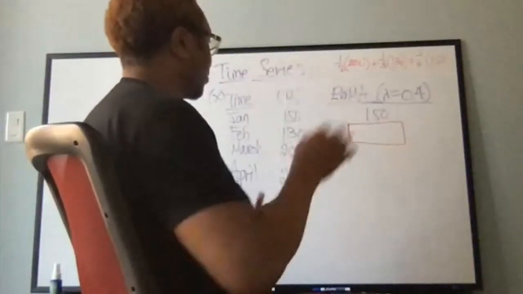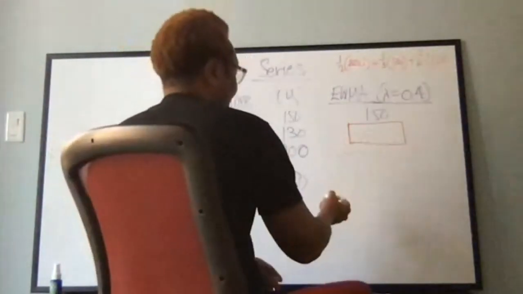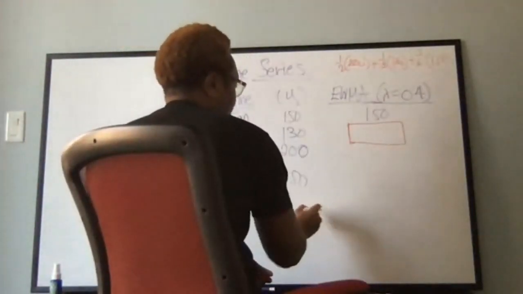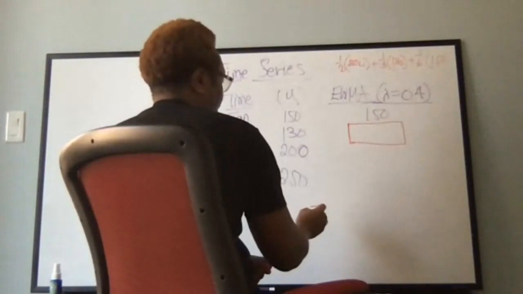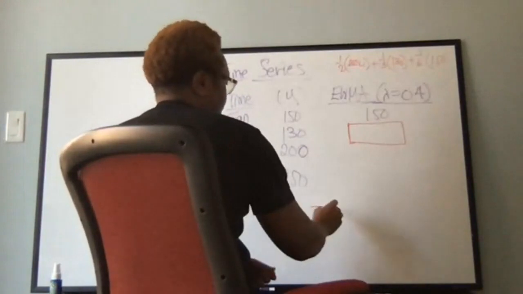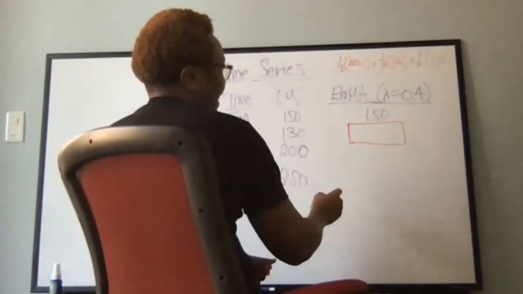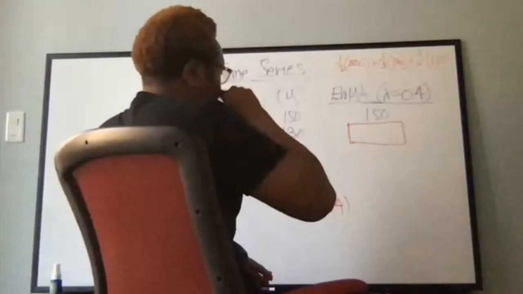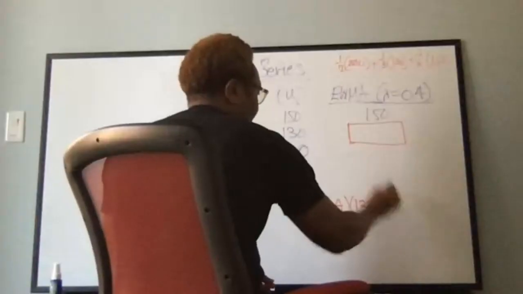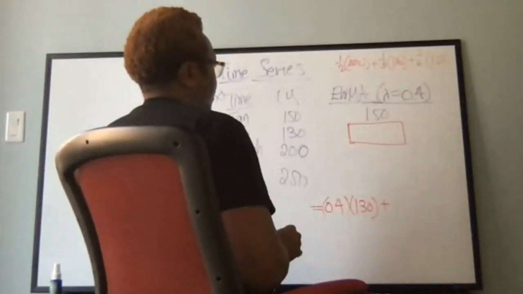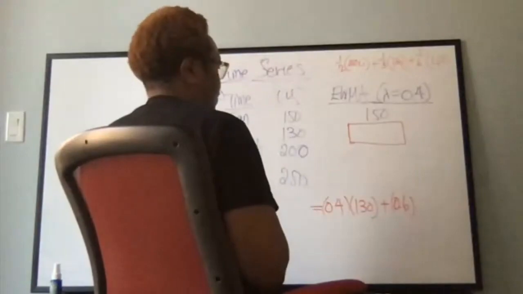So now tell me the actual numbers that go in that equation. What is lambda here? 0.4. Okay, so 0.4 times 130 plus 0.6 times 150.